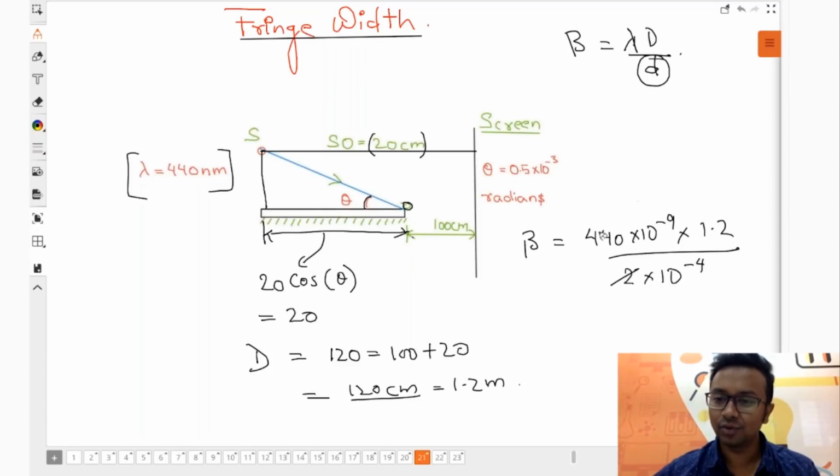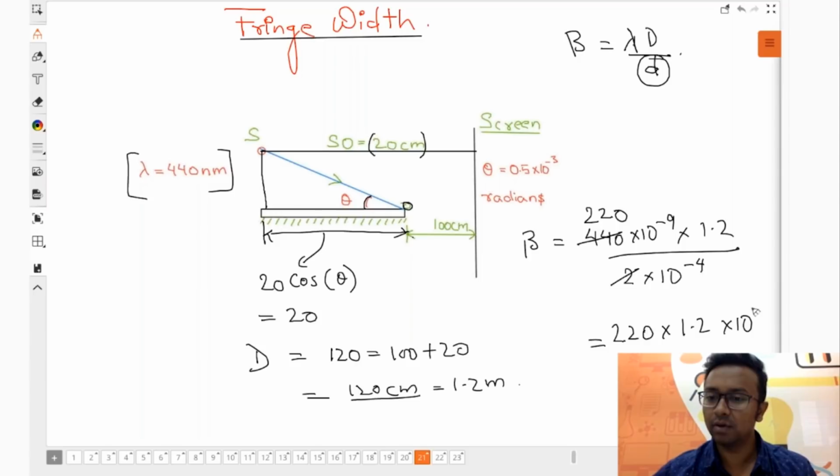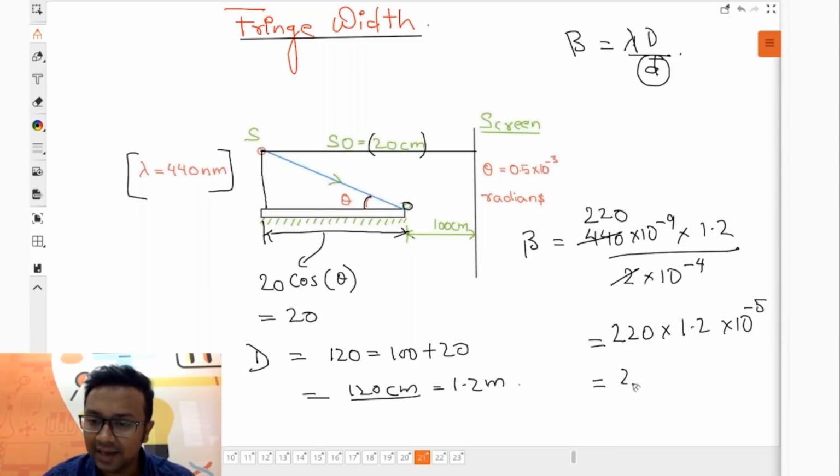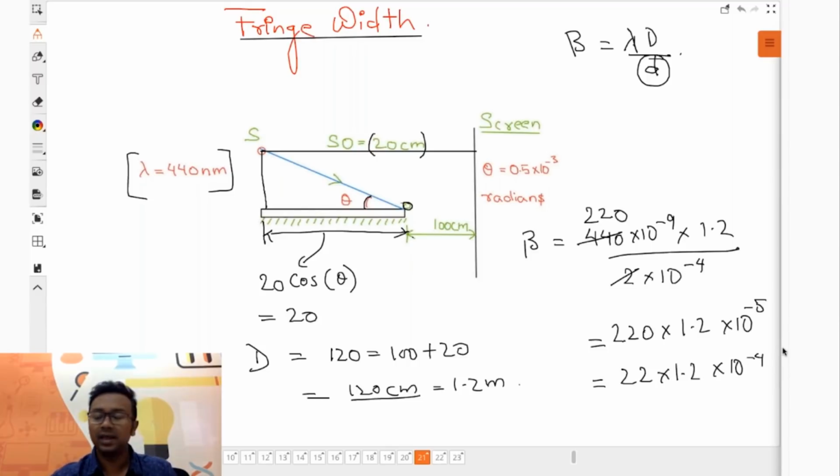So you multiply, this becomes like 220. All right, so this will be 220 into 1.2 into 10 to the power minus 5. Or rather, let's say 22 into 1.2 into 10 to the power minus 4 is going to be the answer here in terms of meter. This is going to be the fringe width.